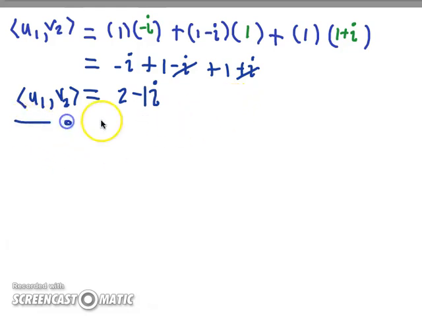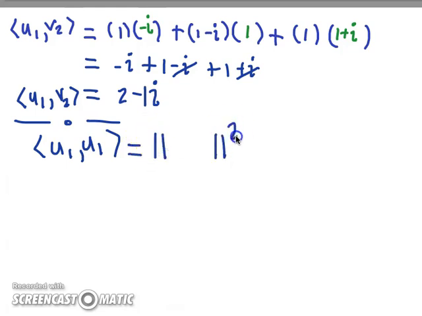The other quantity involved in the definition of alpha is the inner product of u1 with itself. Okay, the inner product of u1 and u1. You may remember that this is exactly equal to the square of the norm of u1.